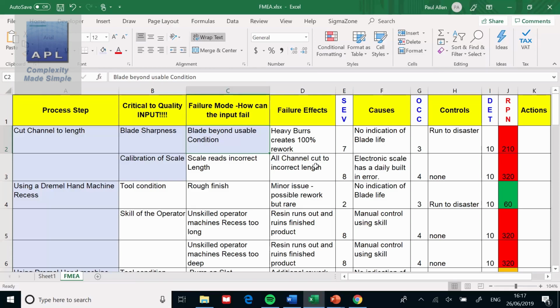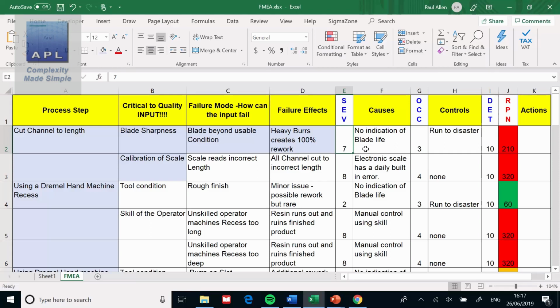What will happen? The failure effect. Well, now we get heavy burrs and a 100% reject rate. I've given that a severity rating of 7. Something that's really important at this point for the severity rating is to have a clear scale. I don't have a scale here that I'm referring to for why I've picked 7, but you should write down your own language, your definition for your company, so your engineers can easily choose.